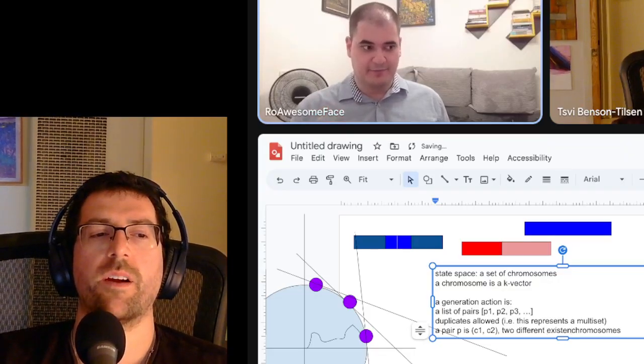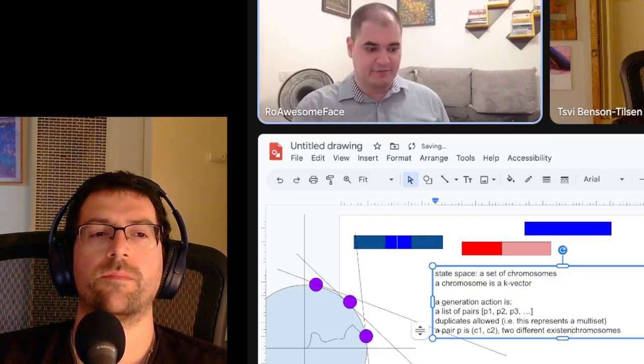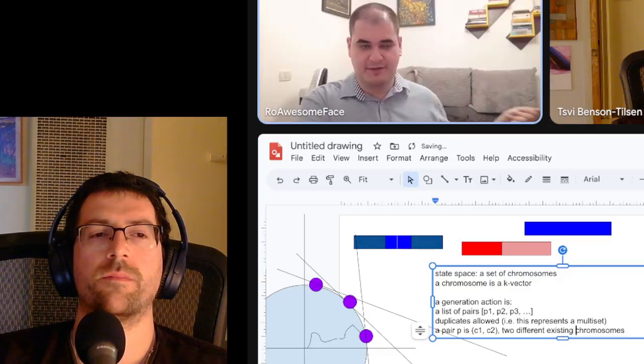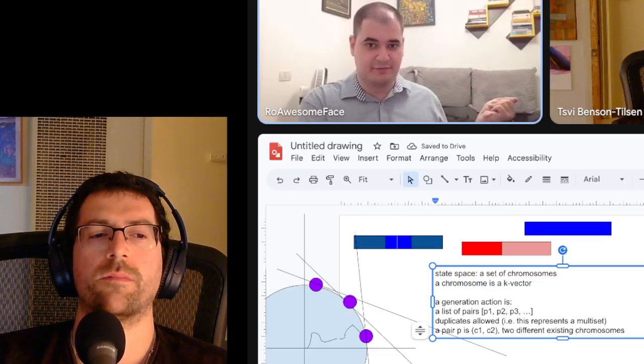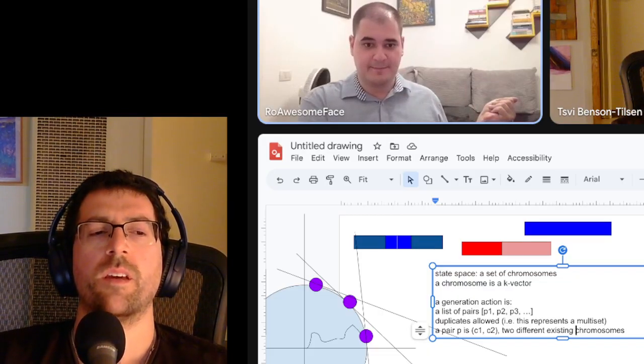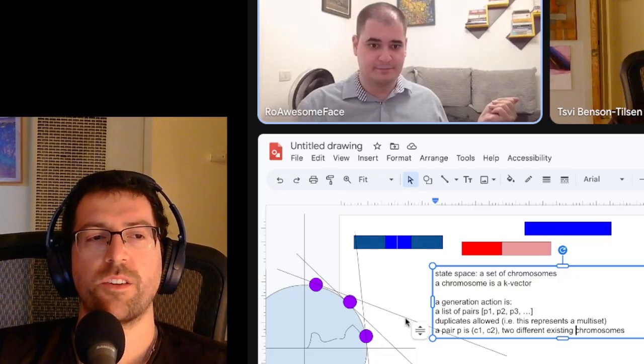Correct. So this crossover can be done on the same pair, but not from two chromosomes which already belong to the same pair, two different pairs. No, you can. Yeah, there's no constraint on that.